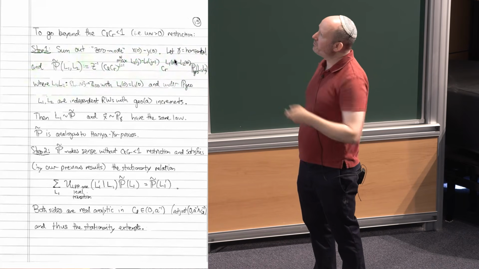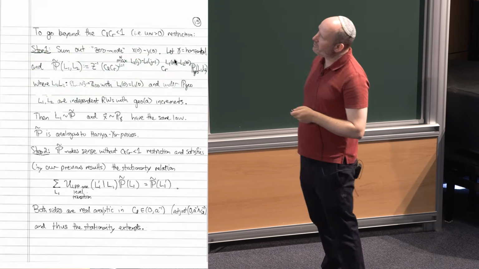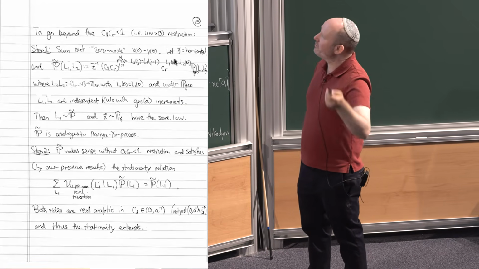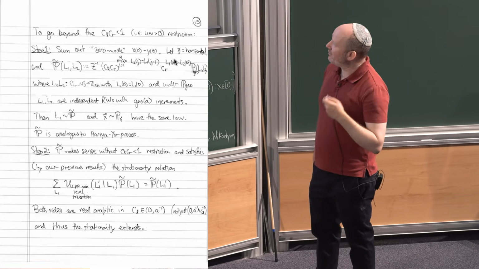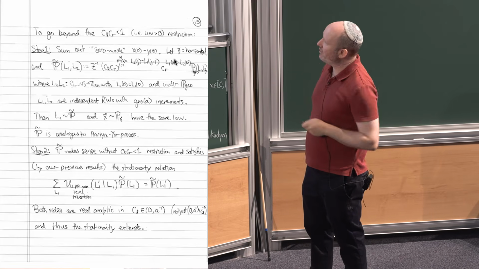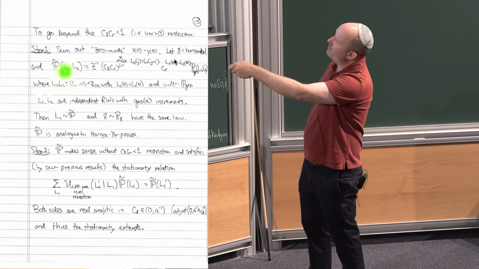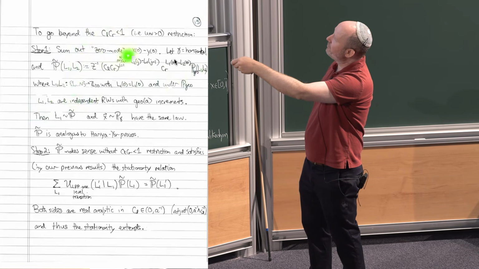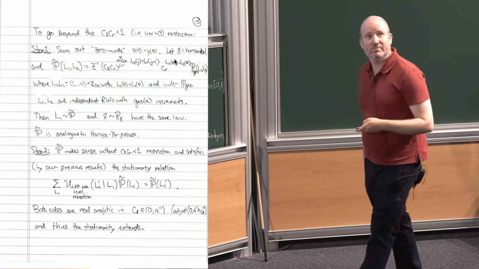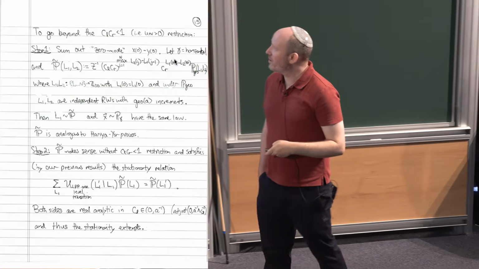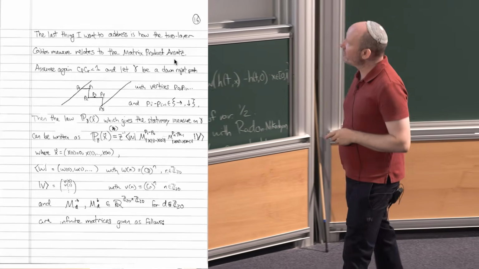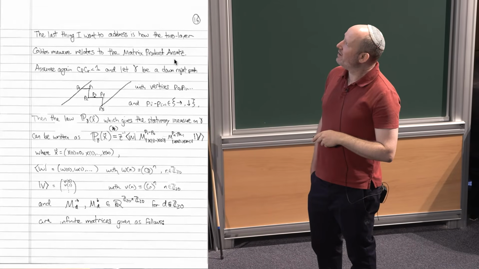And now you can use some simple complex analysis to prove that these invariant measures are analytic in these two parameters, CL and CR. And this allows you to extend to prove that, in fact, for all values of boundary parameters, this is the stationary measure.